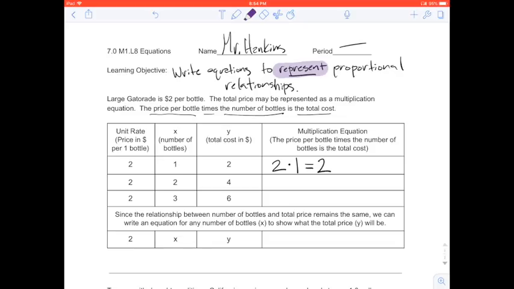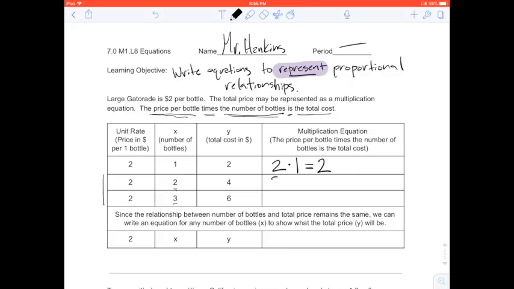Okay, go ahead and try to get the equations for the next two here. The multiplication equation for 2 bottles and 3 bottles, each at $2 per bottle, to show what the total cost is. Go ahead, I'll wait. Pause it. And you're back. So, again, the price per bottle times the number of bottles is the total cost.